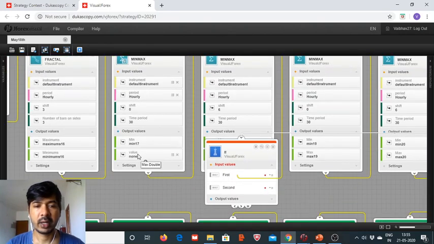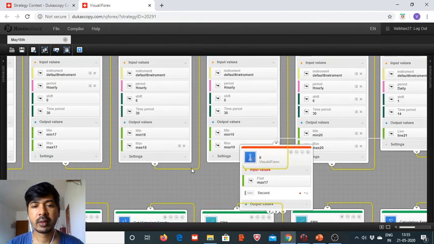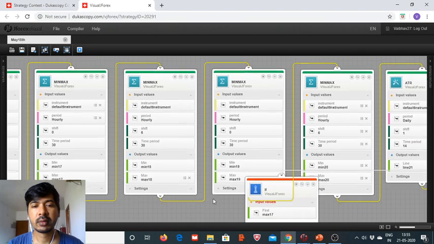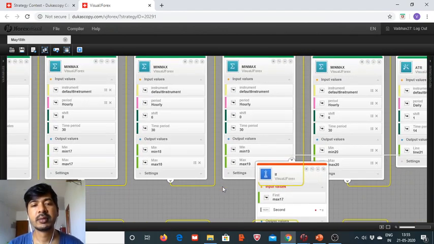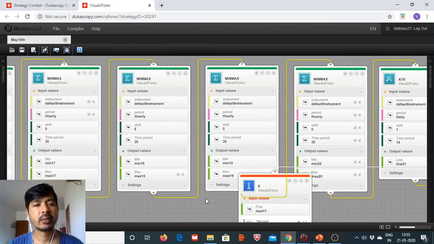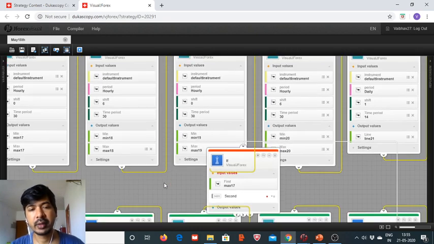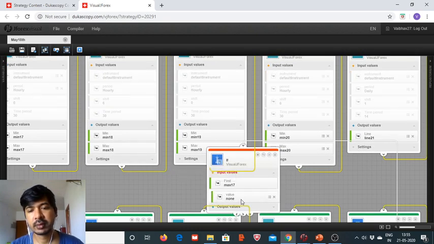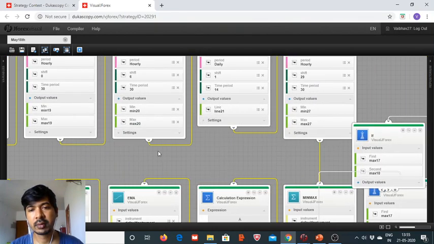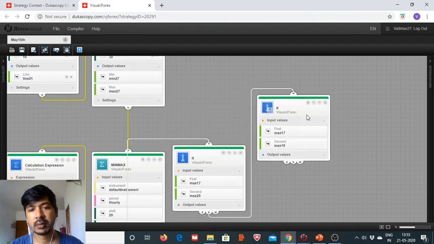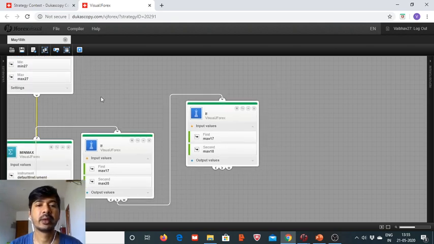So again we take maximum 17 and maximum 18. Now maximum 17 should be equal to the maximum 18.